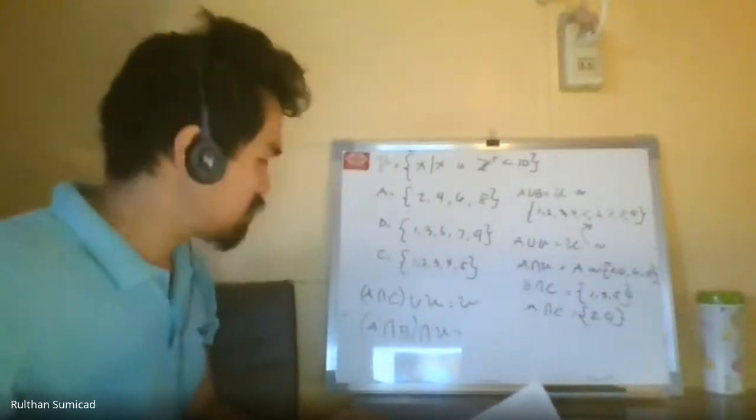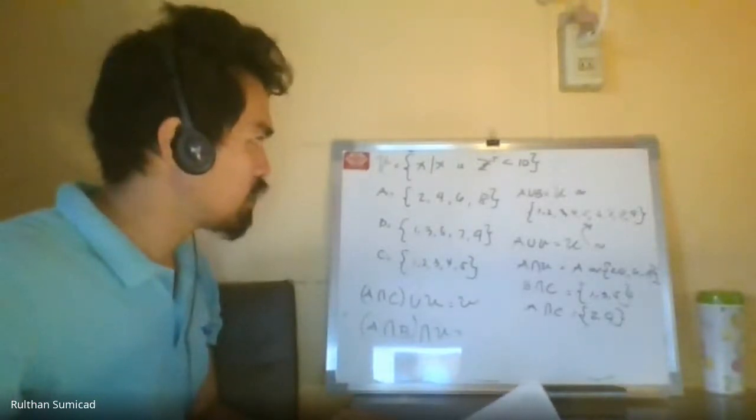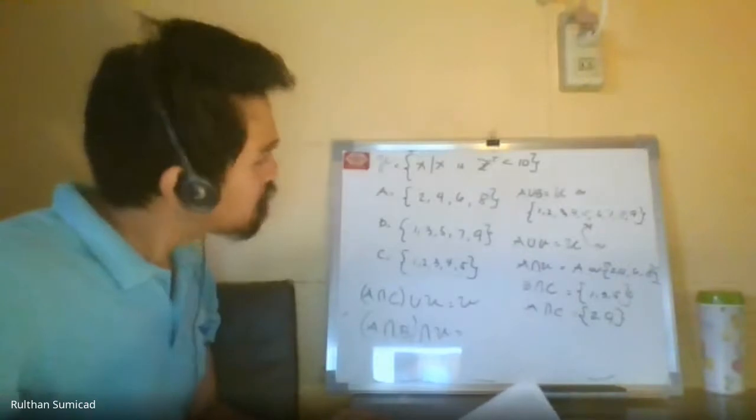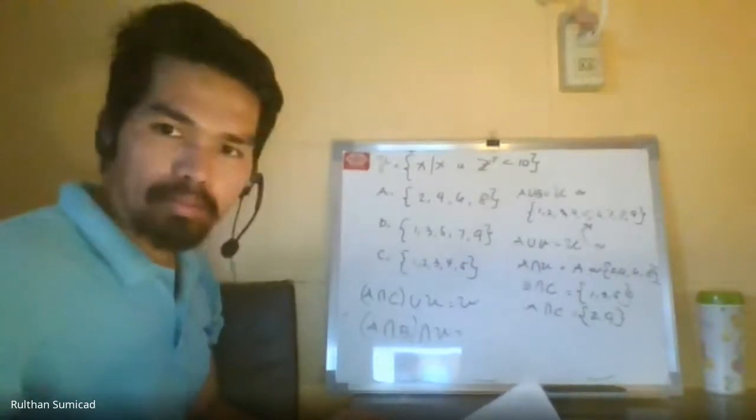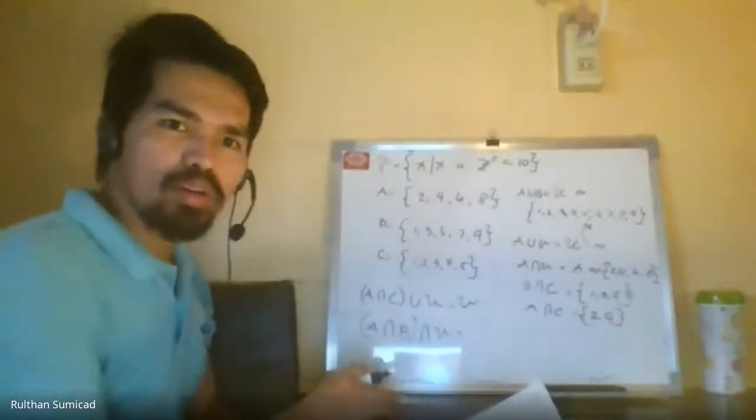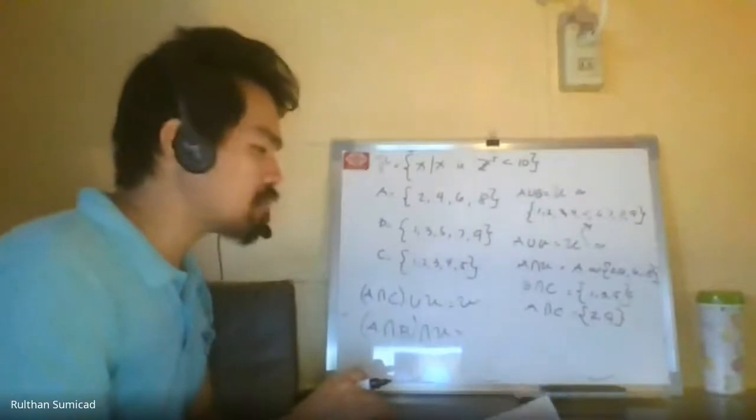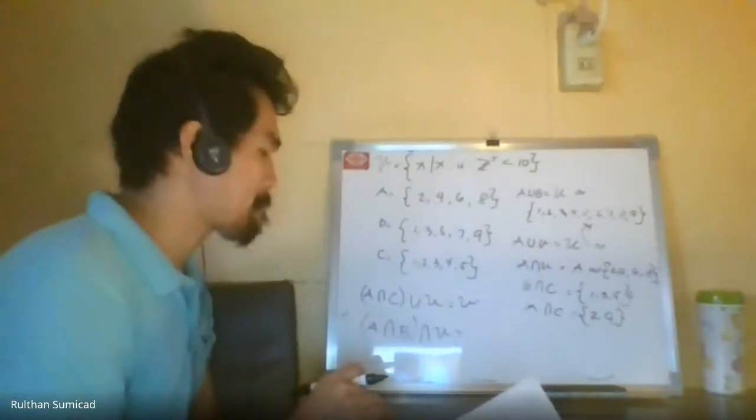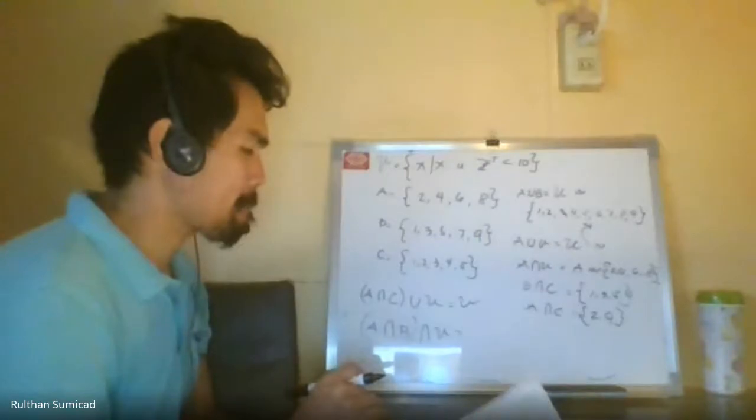I don't think so. Okay, wait. Why is it empty? It's the empty set. Why is it empty? The empty set is A intersection B.